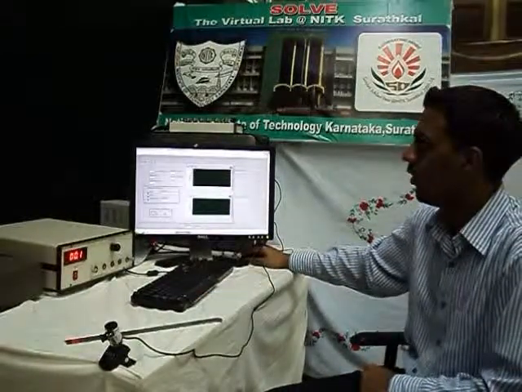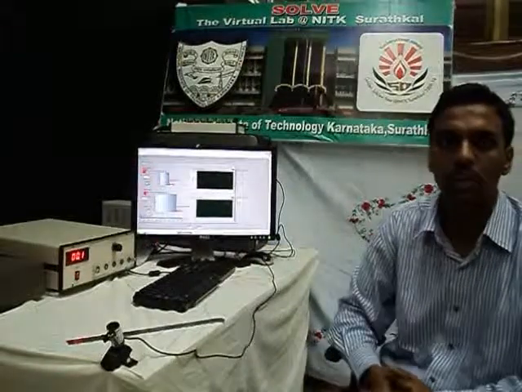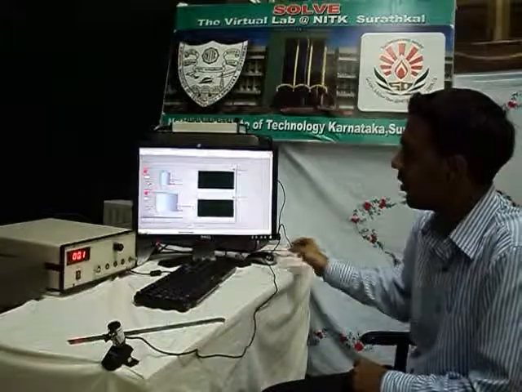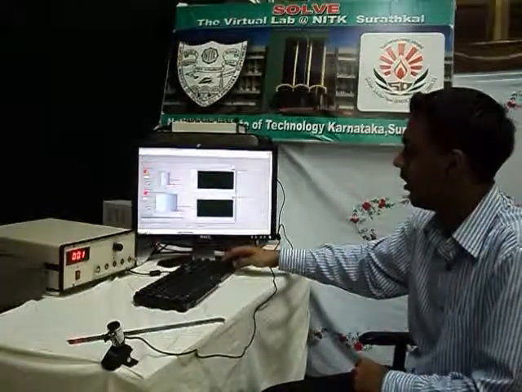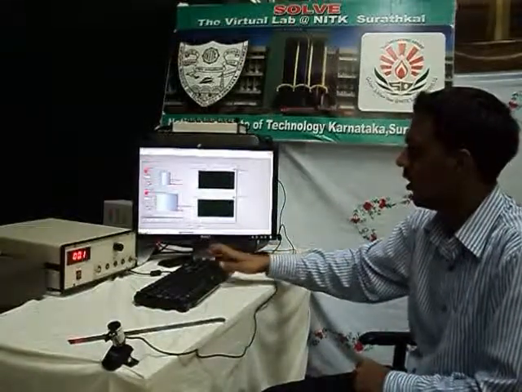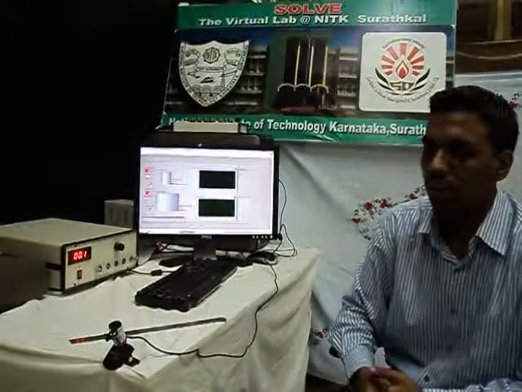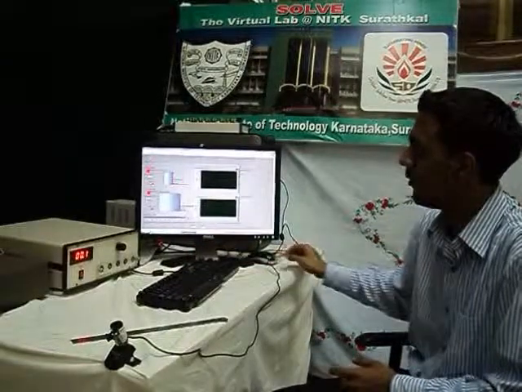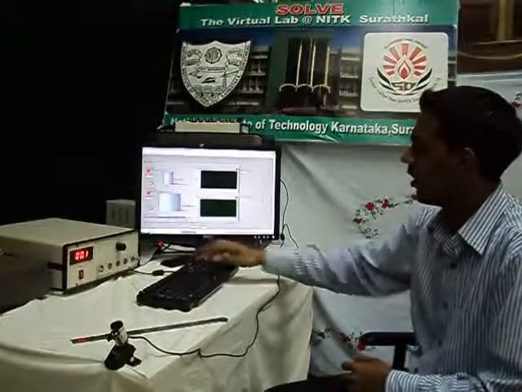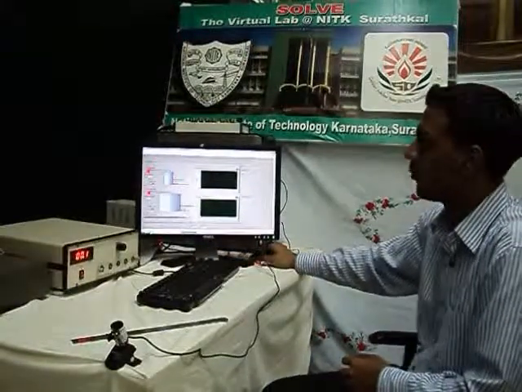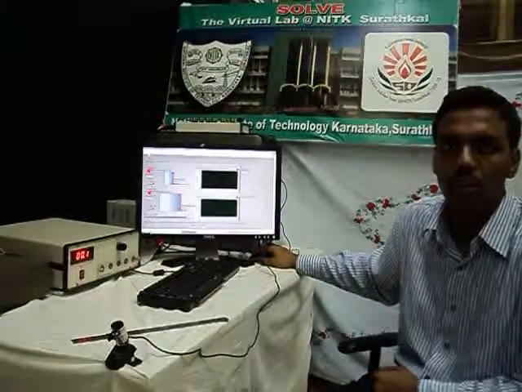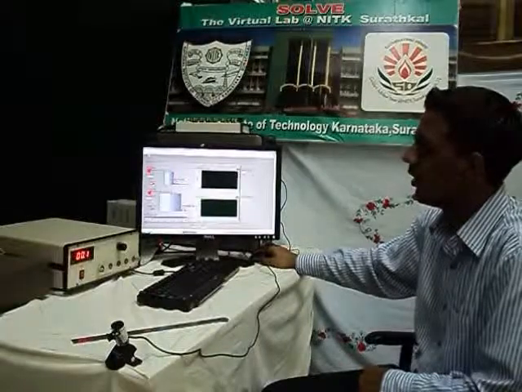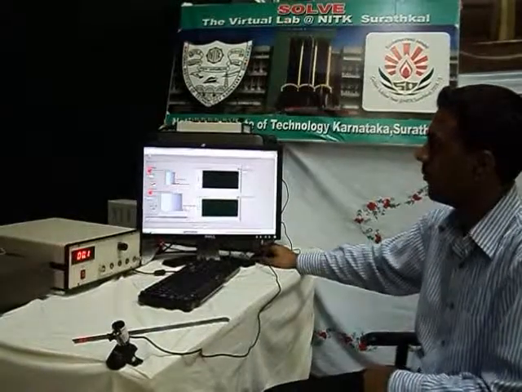Now we will see the demo of the experiment. I am going to change the tank level. Before starting an experiment, we have to deploy the experiment into the FPGA, which we do by pressing the run button.